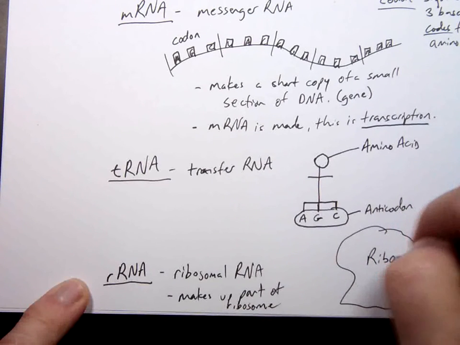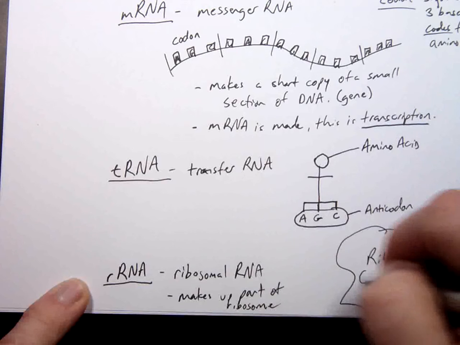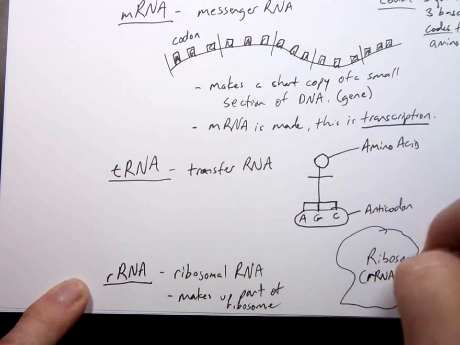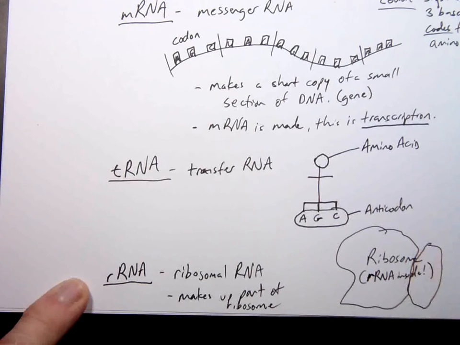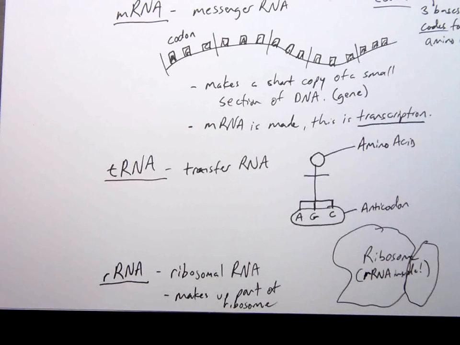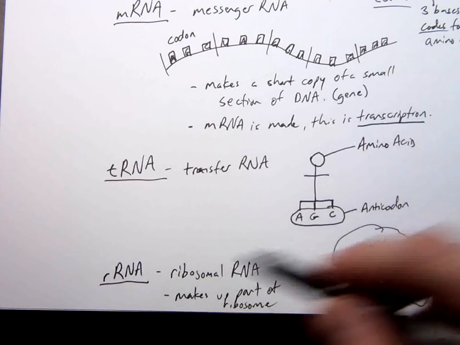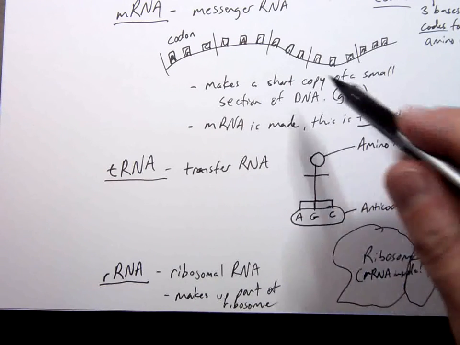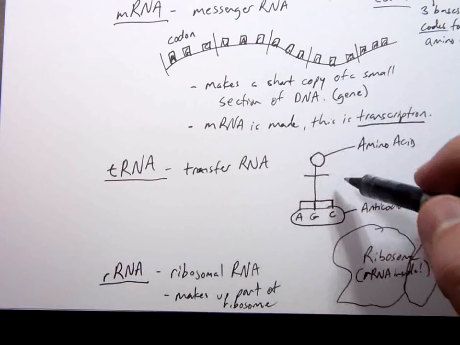Ribosome. rRNA inside. At the ribosome, there is rRNA inside of this thing. That inside of that makes it work. This reads this, grabs these to make a protein.